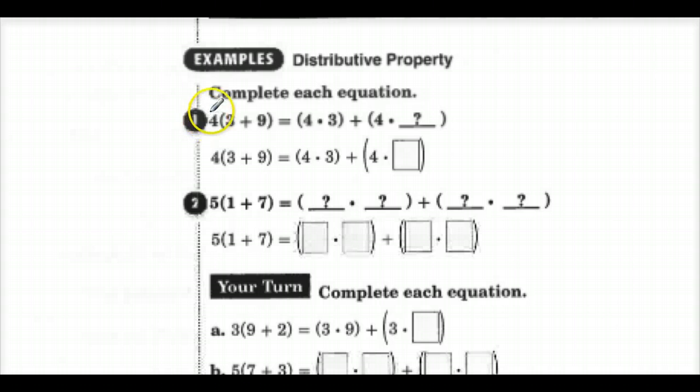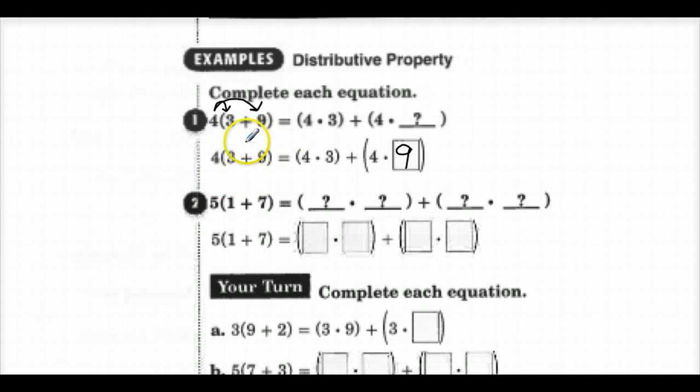Well, I like to think of it as a little bit of a rainbow effect. So when we distribute the 4, we're going to multiply it by each of the numbers on the inside of those parentheses. So our first thing is 4 times 3, and then we're going to add that to whatever 4 times 9 is. So in this blank goes 9.